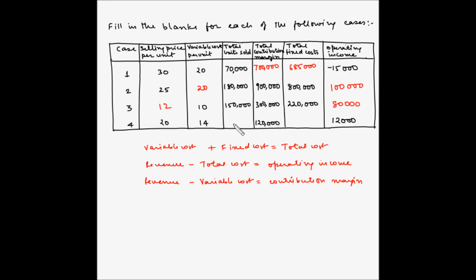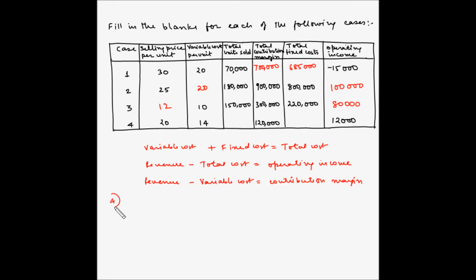Now we know that the contribution margin is equal to revenue minus the variable cost. So we know the contribution margin, we know the unit selling price, we know the unit variable cost. So we should be able to find out the total number of units sold using this formula.